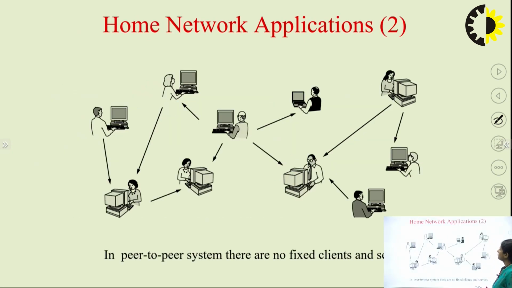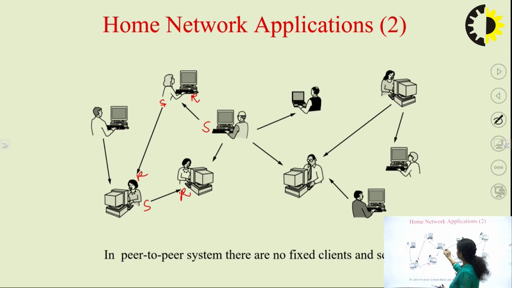This is another example where multiple users are using multiple different types of applications. You can see this sender is sending a request to this. Here, this is a sender and a receiver. Similarly, at the same time, this could be a receiver for the other machine. It is a sender, and it is a receiver over here.